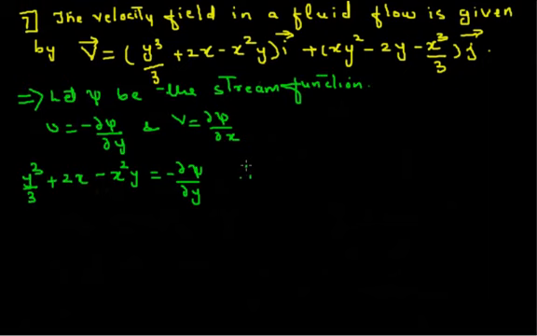Therefore I can separate this out and write down minus del psi is equal to y cube by 3 plus 2x minus x square y into del y.